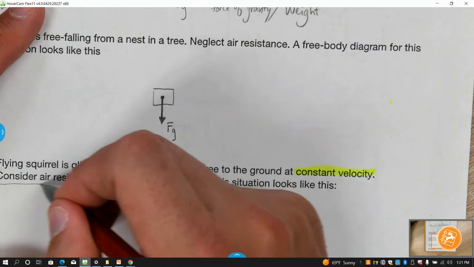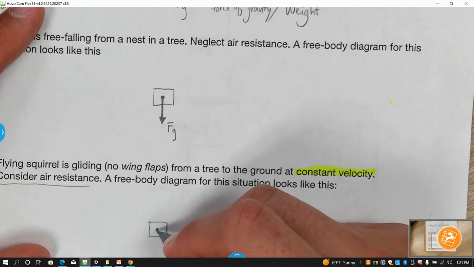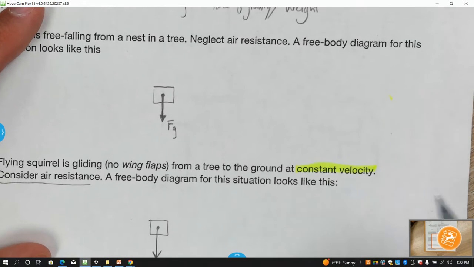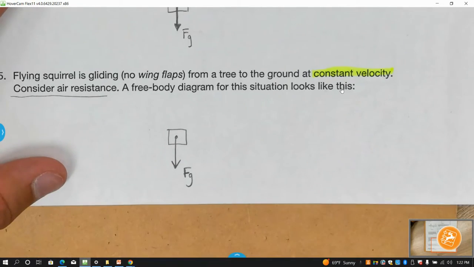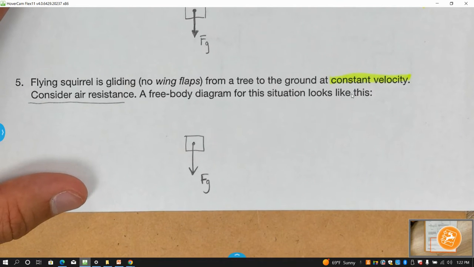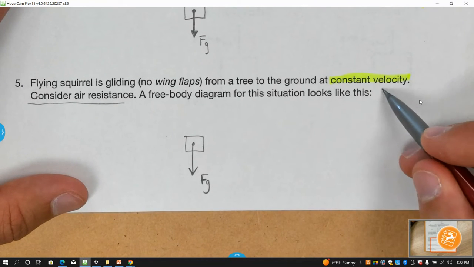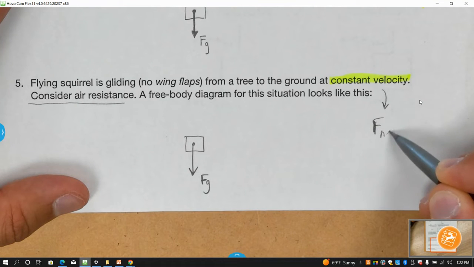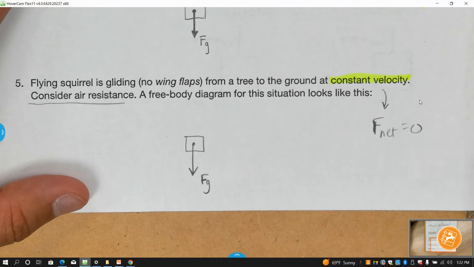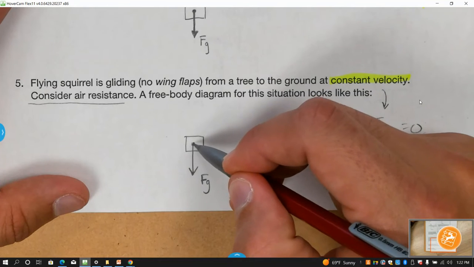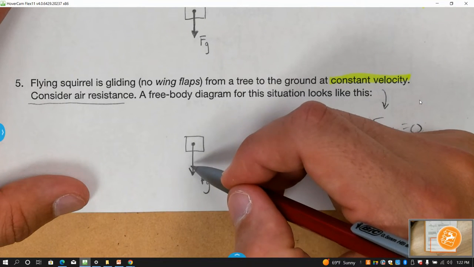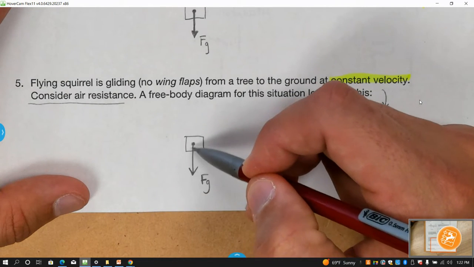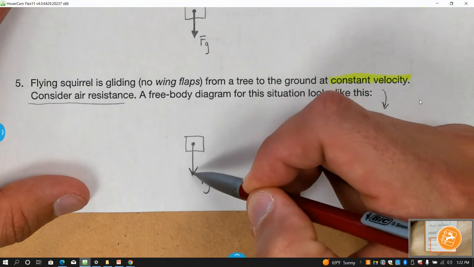Now this time it's saying consider air resistance. Well, we know that we are going to have the force of gravity on the object. But what does it say? Constant velocity. Again, what does constant velocity mean? That the F net has to equal zero. So if I have something going downward, I need to have a force going in the opposite direction and be the same size, like here to here.